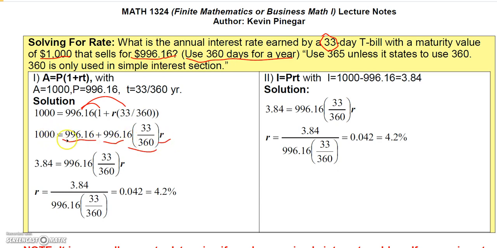And then if you subtract 996.16 from both sides, I can take this and subtract it from 1,000, and then if I subtract 996.16, that'll cancel it over here, and then 1,000 minus 996.16 will give me $3.84. And then, of course, to solve for this R, all I have to do is divide by this expression, and then that'll give me R by itself.